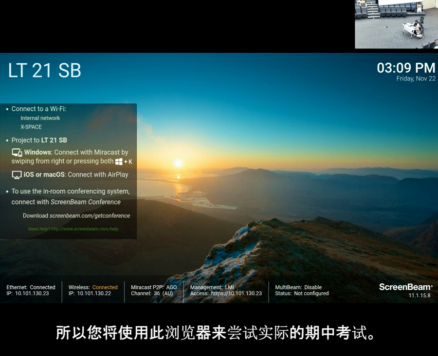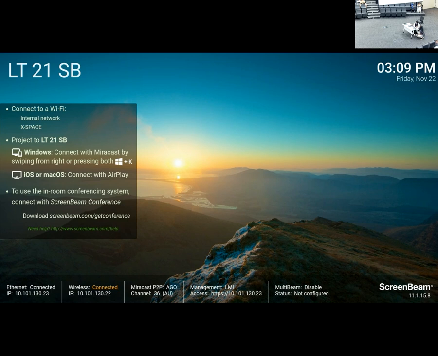You will use this browser to attempt your actual midterm exam. The password is 123 for the mock test.